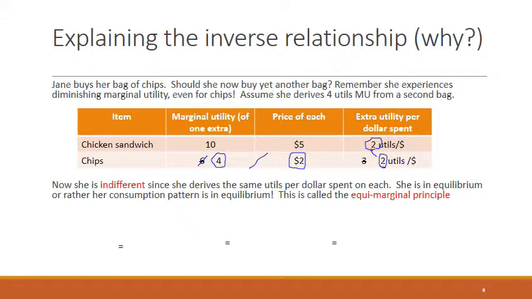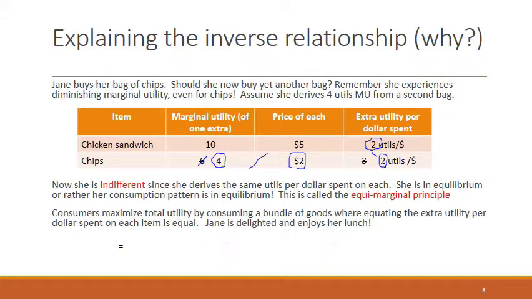She's going to stop there because now she has the same extra utility per dollar spent on both products. So her consumption bundle is in equilibrium, and this is what we call the equimarginal principle. She has a couple of choices now. Let's just get the next animation in down here.